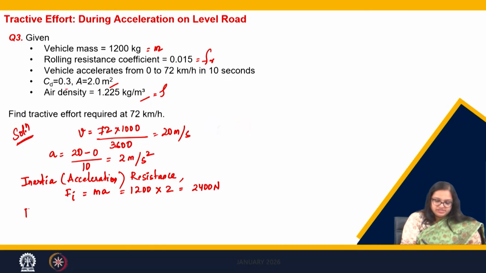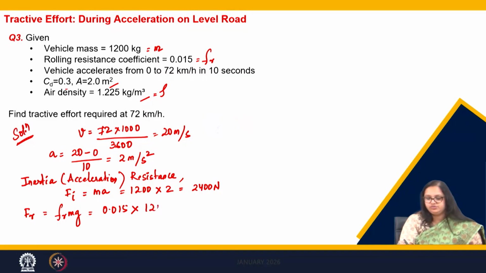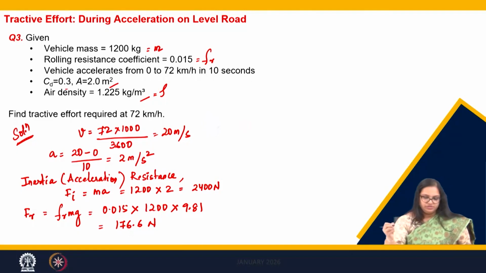The rolling resistance Fr is equal to Frmg, which is 0.015 multiplied by 1200 multiplied by 9.81, which is equal to 176.6 Newton.